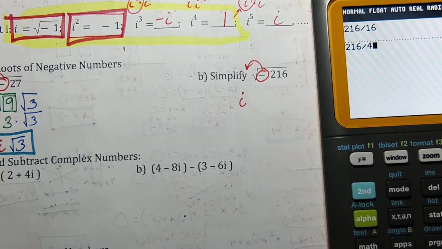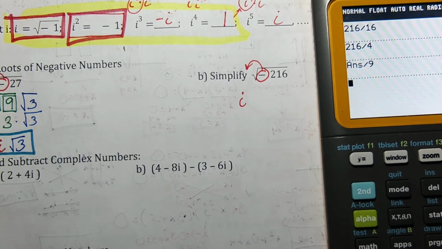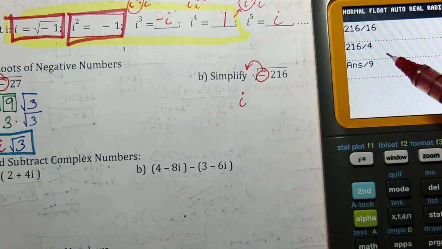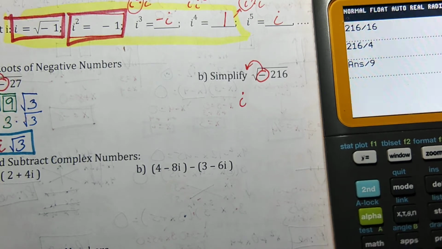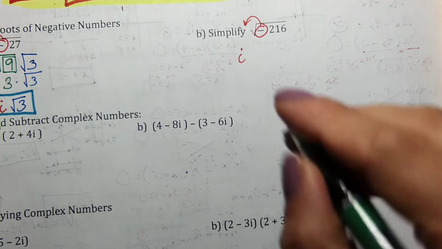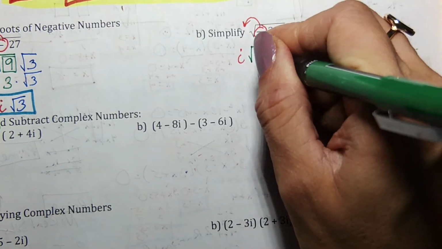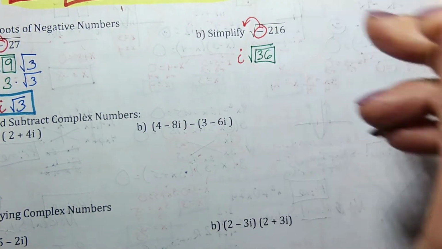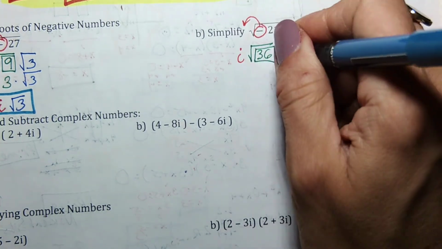Let's try 4. 4 worked. 54 I know is divisible by 9. So if I can divide it by both 4 and 9, what's the biggest perfect square we could divide out? 36. So 216 has perfect square factors of 36 and 6.